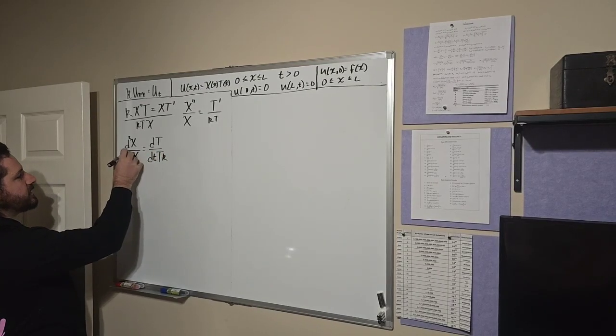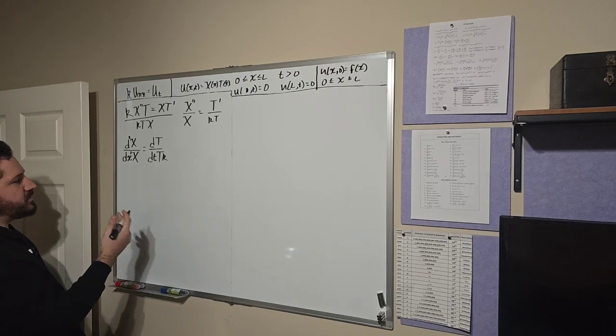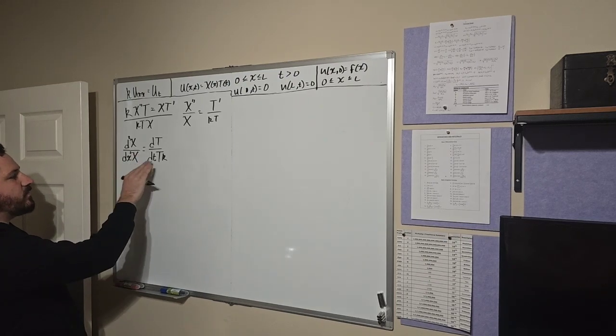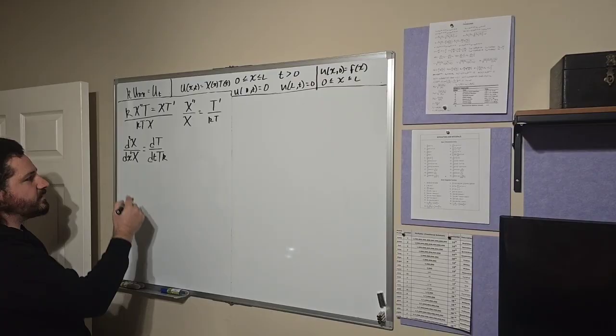And this is also a second order derivative. That won't be super important, but it's easier to keep track of what we're doing with our dt's and stuff if we write it in this notation.